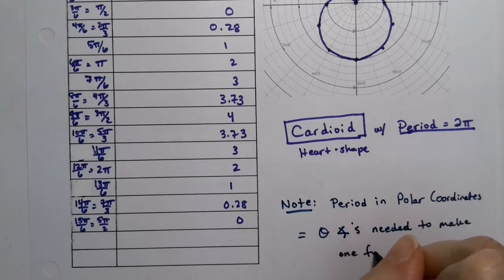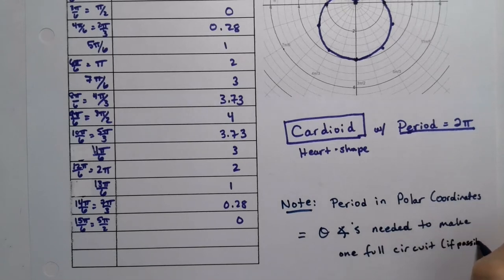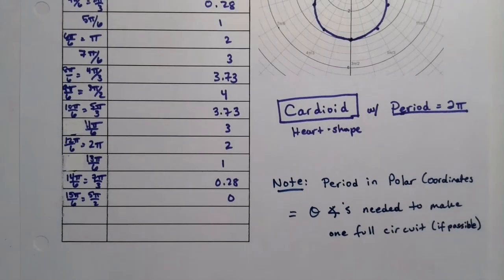Some graphs do not have a period. The spiral does not have a period because it just keeps spiraling out and out and further and further. There is no period for the spiral graph. But for the cardioid, there is.